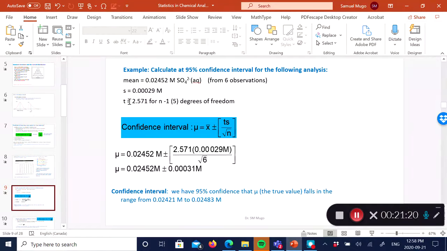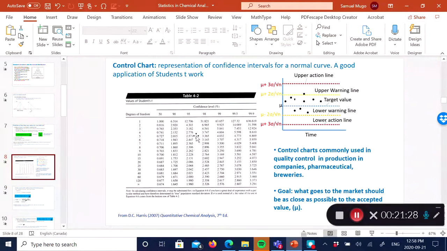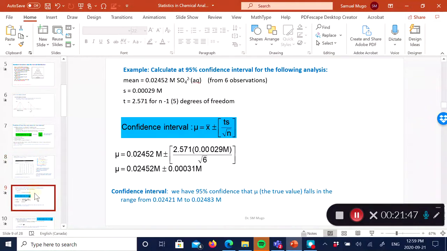Now, the student's T, as I've said before: you've got 6 measurements, so 6 minus 1, it's 5 degrees of freedom. So you come here and you're expected to determine the student's T at 95% confidence, and there are 6 measurements, but the degrees of freedom is n minus 1, so it's 5, and so the T from the table is 2.571. And so that's the T in the table.